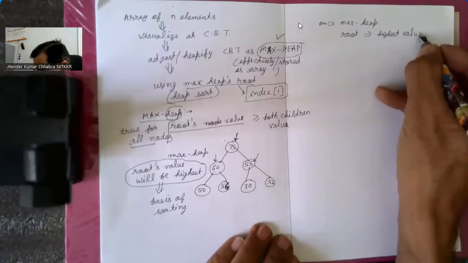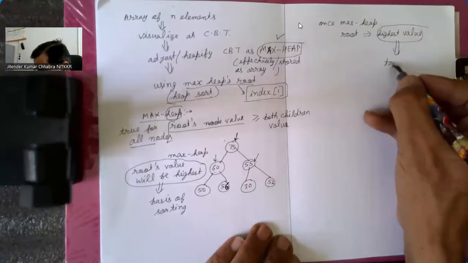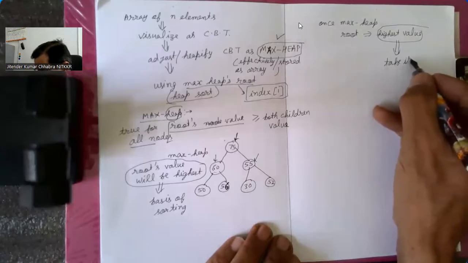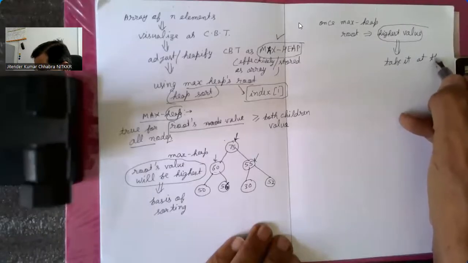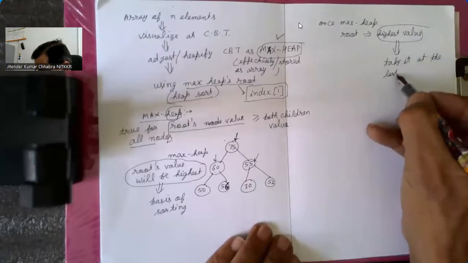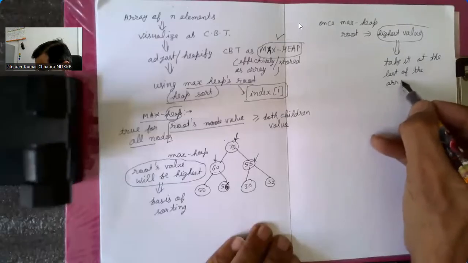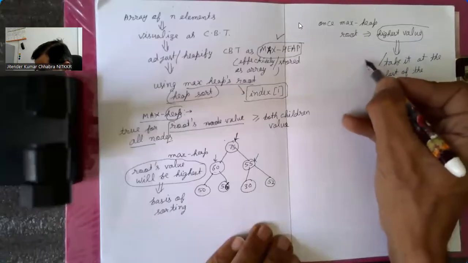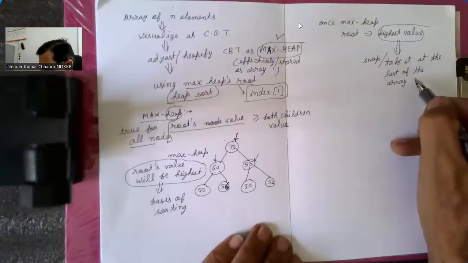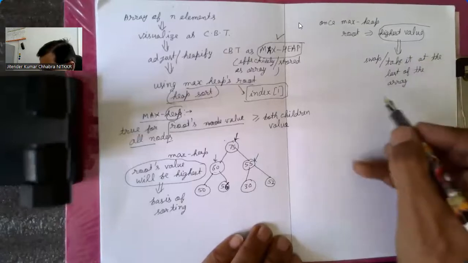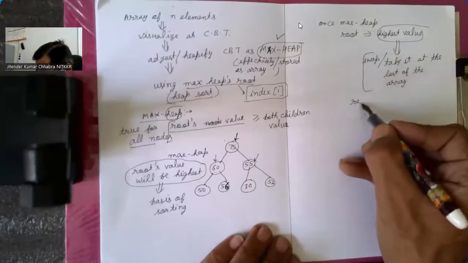So what I will do is take this value to the last of the array. How to take it? Effectively, I will swap it with the last element. So the last element will be swapped, and after that, I will reduce the size of the array.